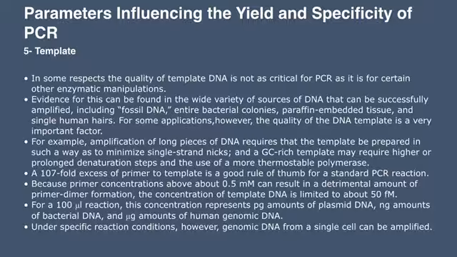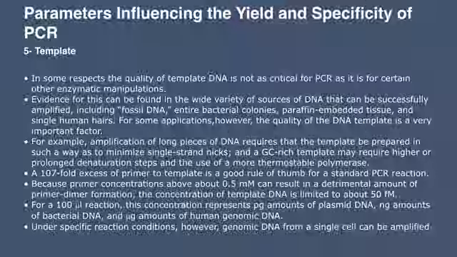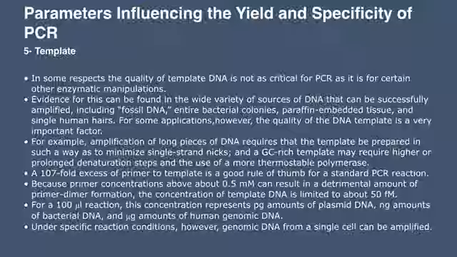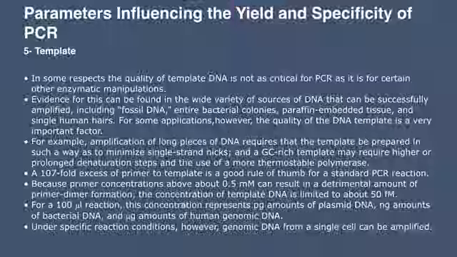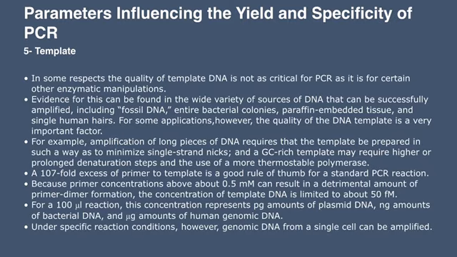A 10 to the power of 7-fold excess of primer to template is a good rule of thumb for a standard PCR reaction, because primer concentrations above about 0.5 millimolar can result in a detrimental amount of primer-dimer formation. The concentration of template DNA is limited to about 50 fM.